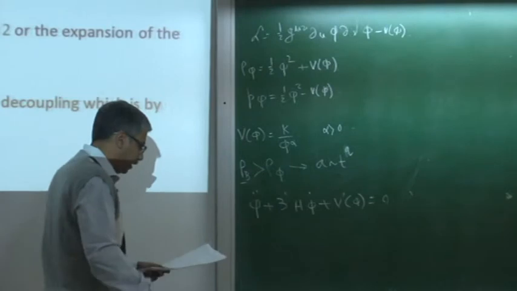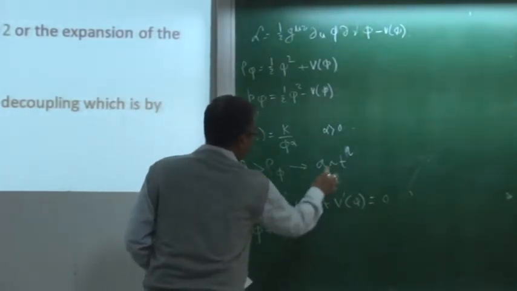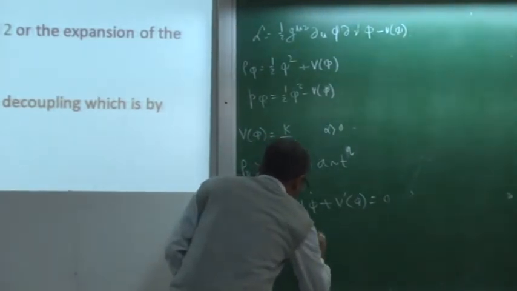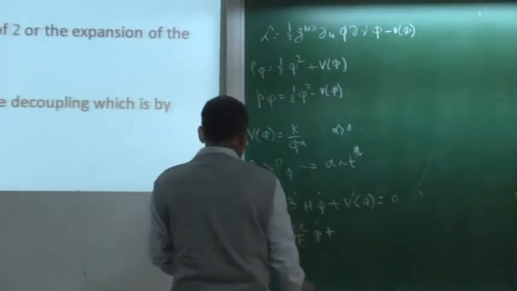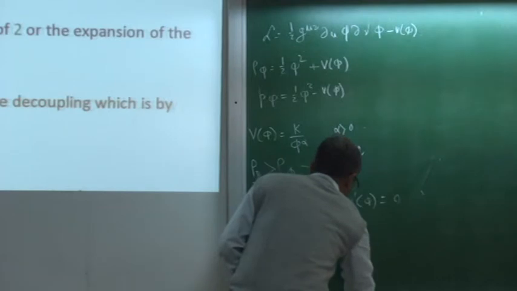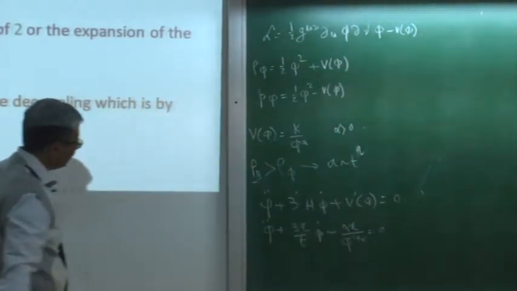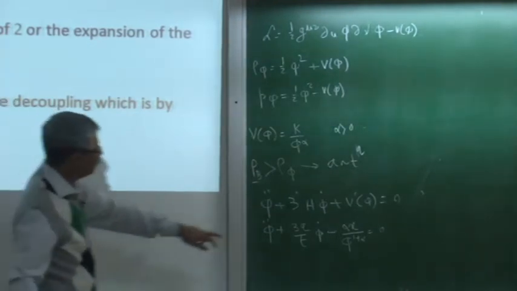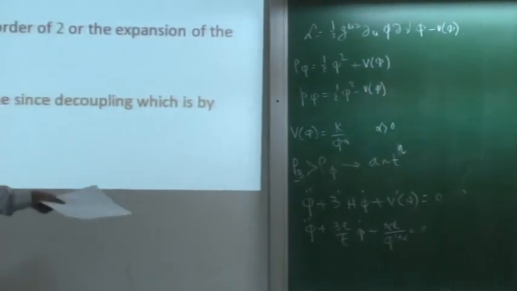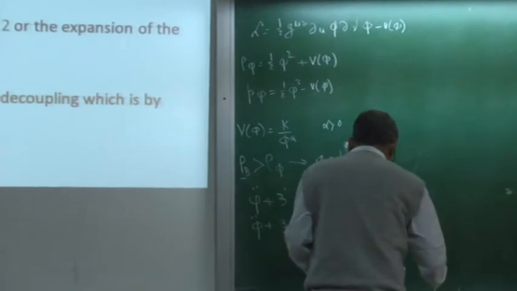I put the H over here, and V prime is minus alpha k by phi to the power 1 plus alpha. So I just put this H coming from here, and one can just solve it. You get a polynomial, a power law form.